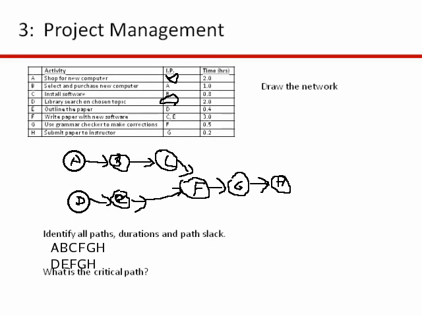And the durations are just going to be the sum of the times for the path activity. So for the first path, activity A is 2 hours, activity B is 1 hour, activity C is 0.8, and then activity F is 3 hours, activity G is 0.5 hours, and activity H is 0.2 hours.